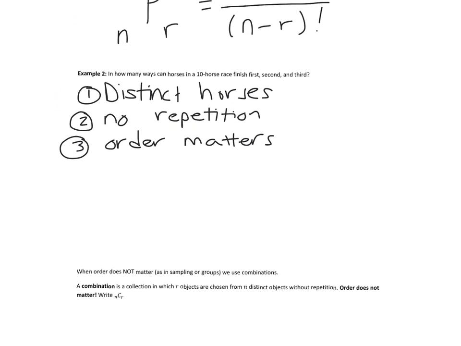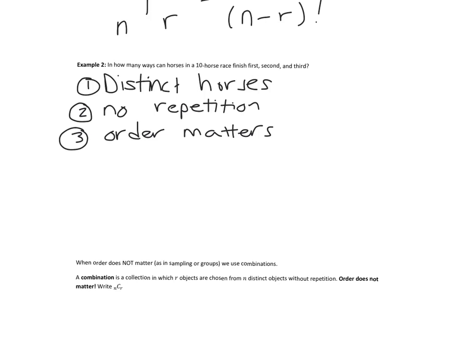So all of these things tell us that we have a permutation. So we're going to use our formula. Okay, so what's the n? How many objects are we dealing with? We have 10 horses.